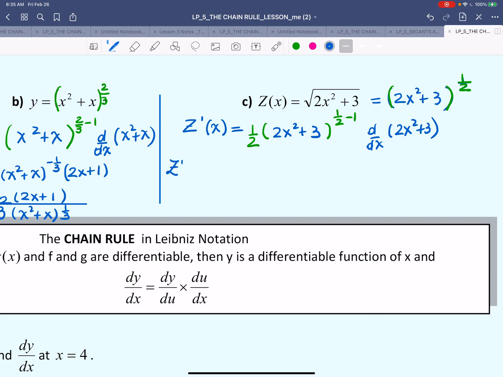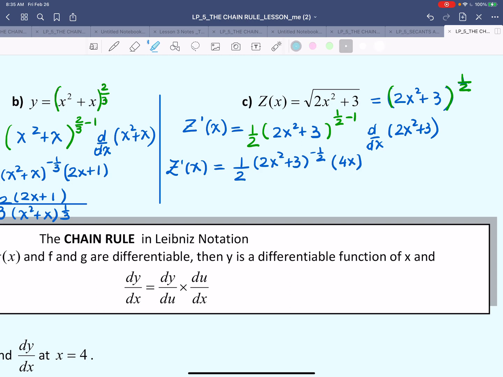So the derivative z prime of x equals 1 over 2, (2x squared plus 3) to the power of negative half. The derivative of 2x squared plus 3 is 4x. As you can see here, we have some simplifying.